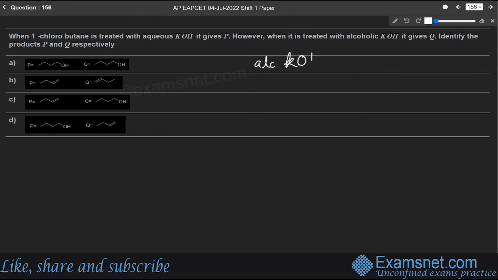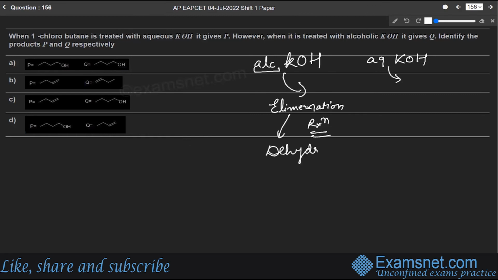Whenever there is alcoholic KOH, you always have to go for an elimination reaction, a dehydrohalogenation reaction.